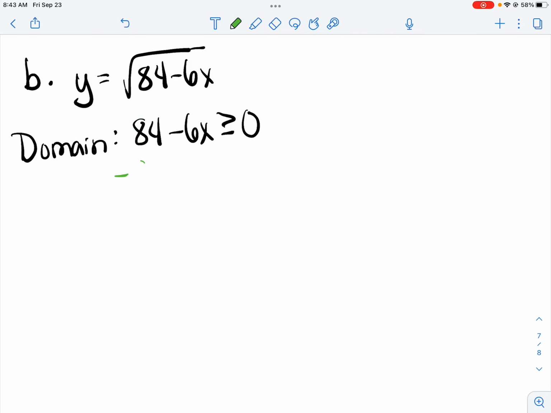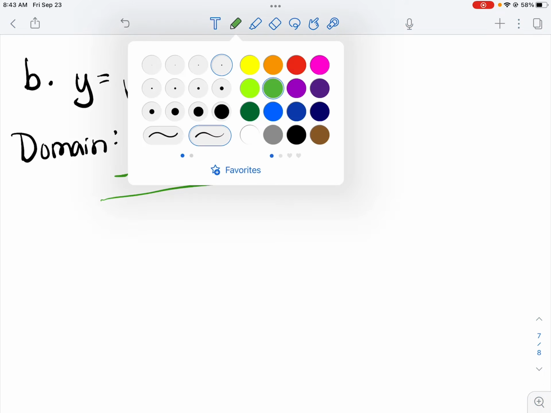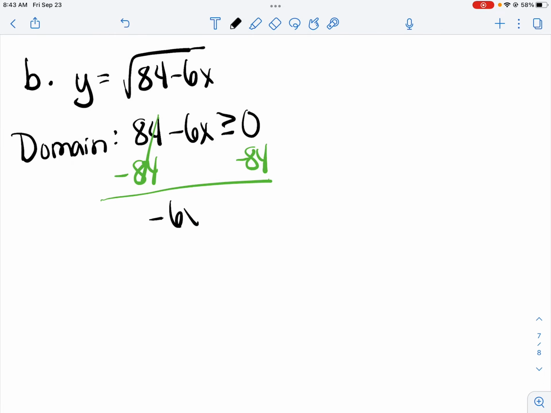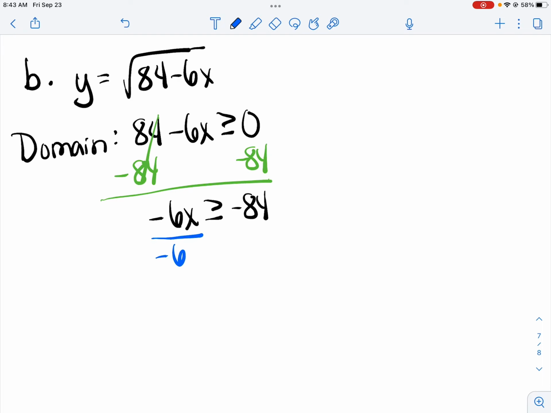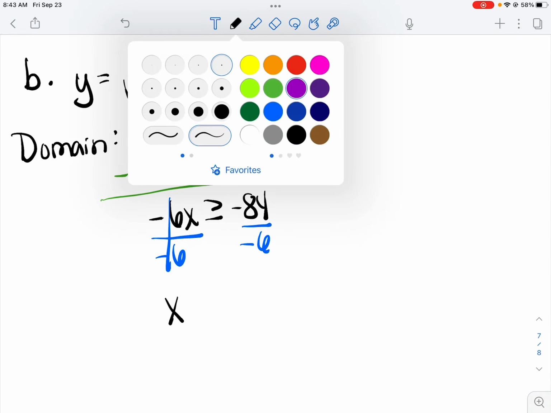Solve your inequality, so subtract 84 from both sides. Divide both sides by negative 6. And remember, when you divide by a negative, you've got to swap that inequality sign.